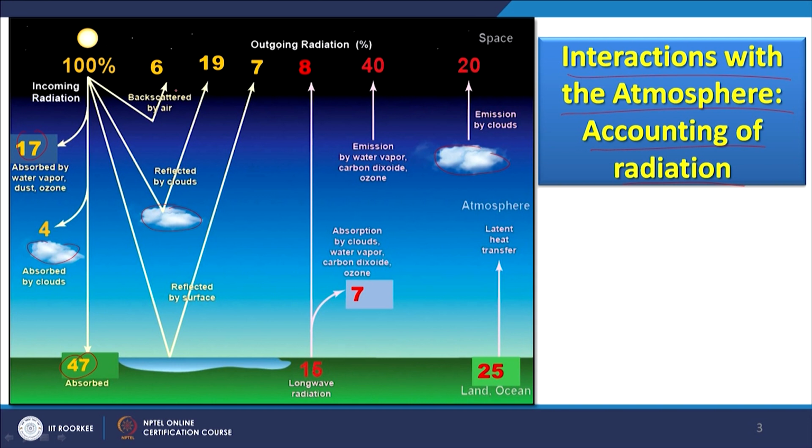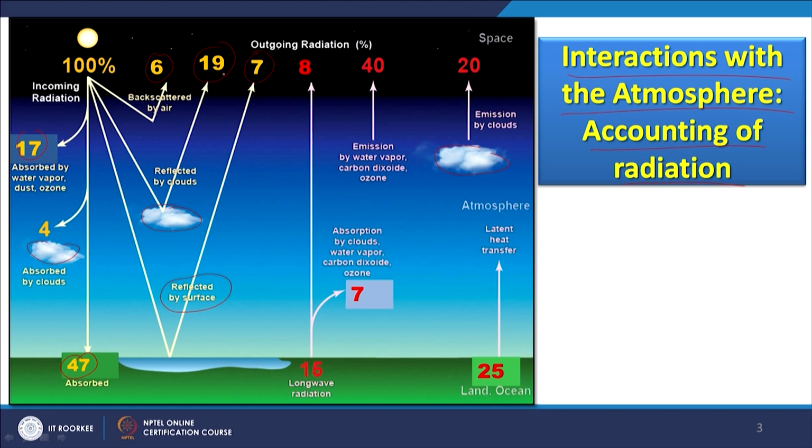Then 6% is back scattered of that 100 back to the atmosphere or into space, and then 19%, a large part, is reflected by clouds if they are there. Water bodies, maybe lakes, rivers or the sea, also reflect a lot of energy.